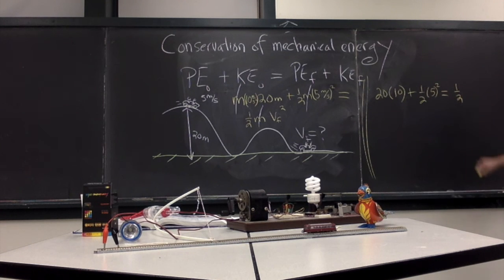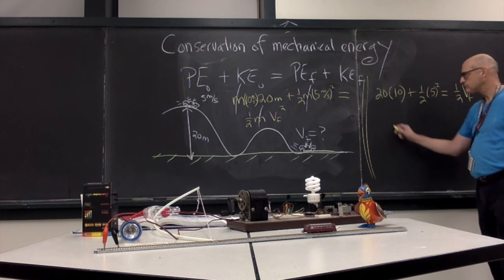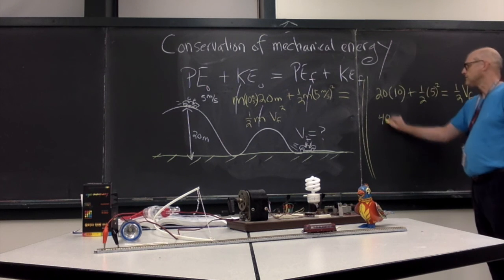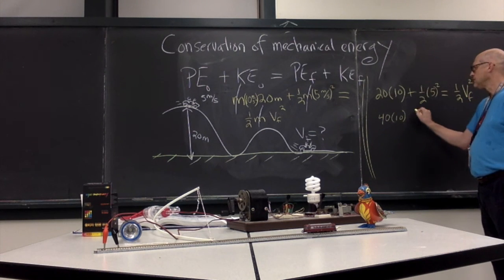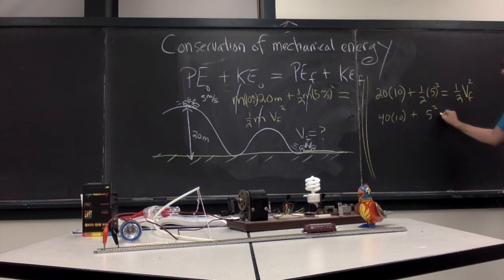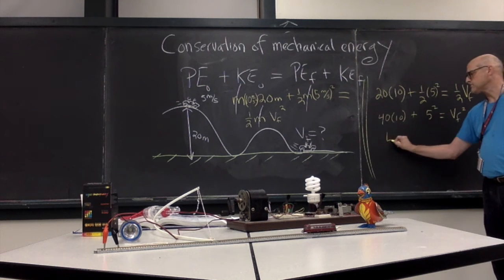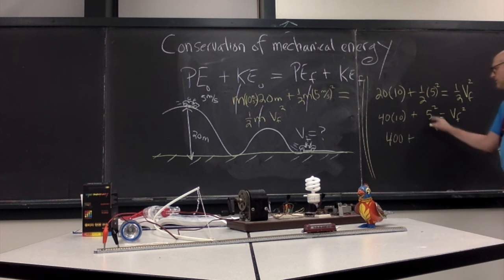1/2 VF squared. Now if I multiply through by 2, I get 40 times 10 plus 5 squared equals VF squared. 40 times 10 is 400. 5 squared is 25.